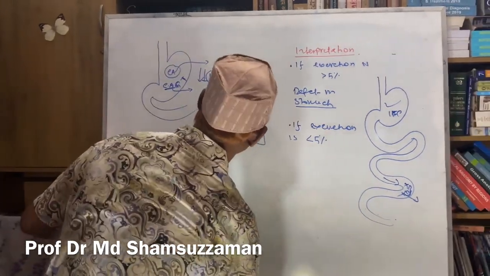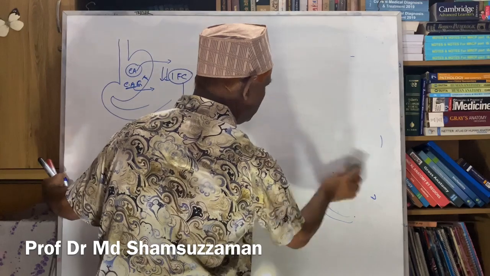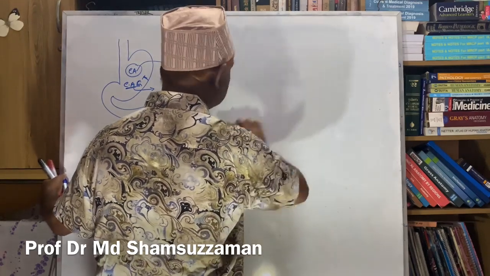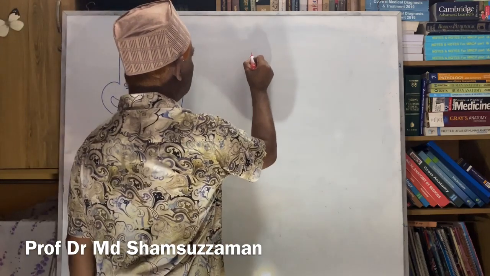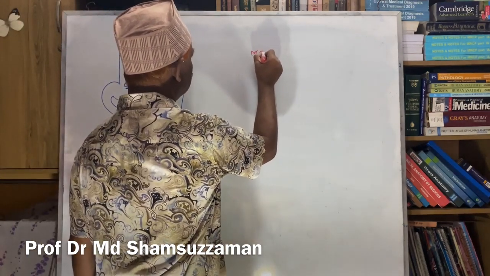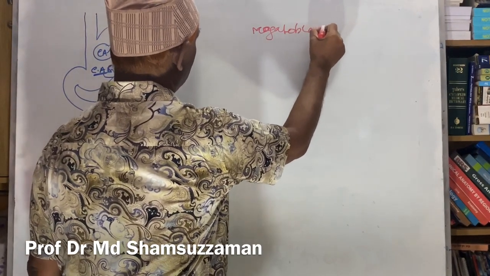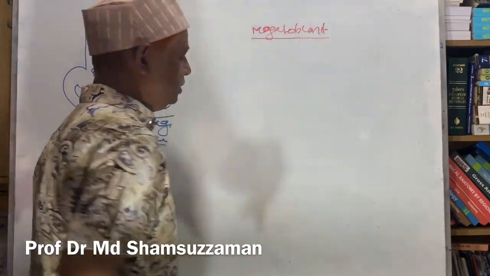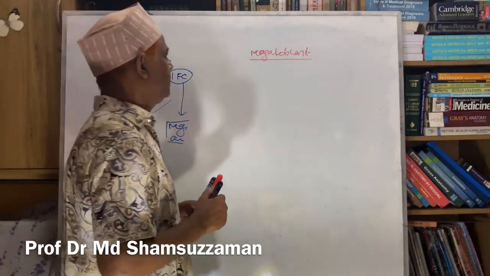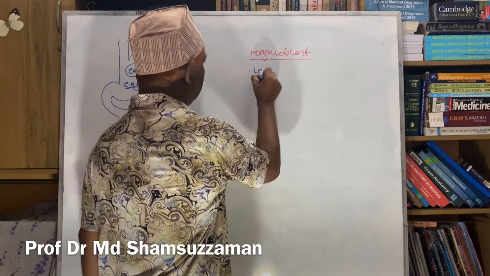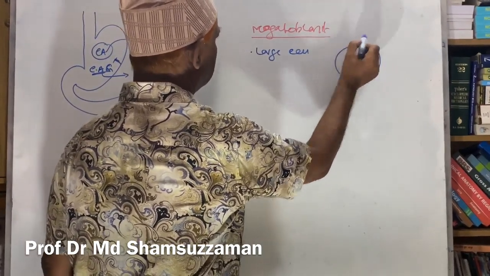Dear audience, now come to how we can know megaloblast in bone marrow. There are characteristics of a megaloblast. Large cell, so this is an abnormally large cell.